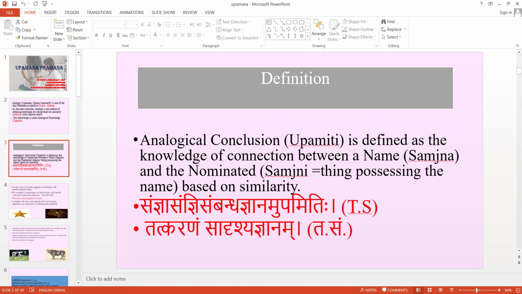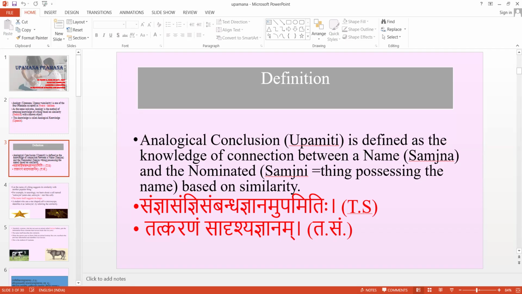So Samjna and Samjni. Known object and unknown object. Name of the known object, Samjna; name of the unknown object, Samjni. That is the connection, the sambandham. The knowledge of the connection between Samjna and Samjni is called Upamiti.